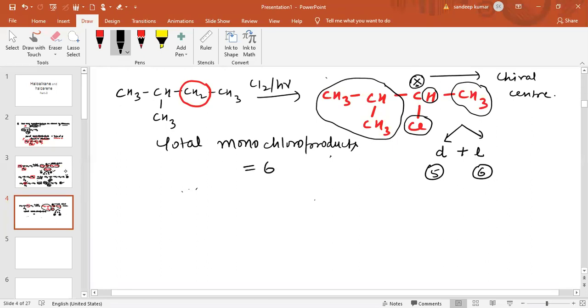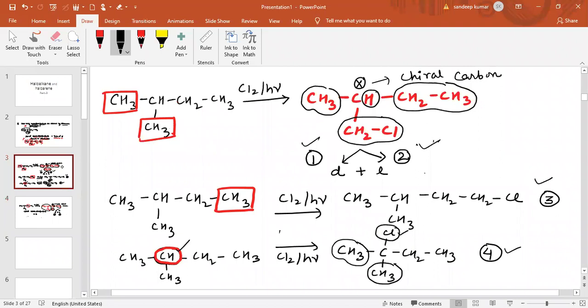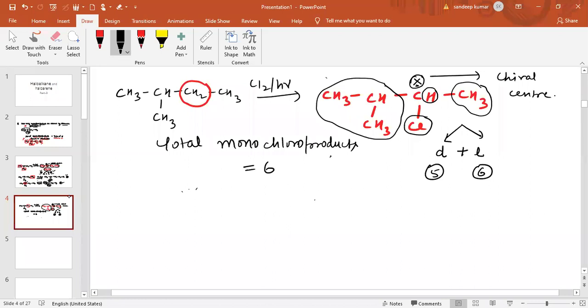So the answer is 6. One is dextro, another is levo. When this hydrogen is replaced, this is the 3rd product. When this hydrogen is replaced, this is the 4th product. And when this hydrogen is replaced, again a chiral center, so 5th and 6th. So total 6 products are obtained.